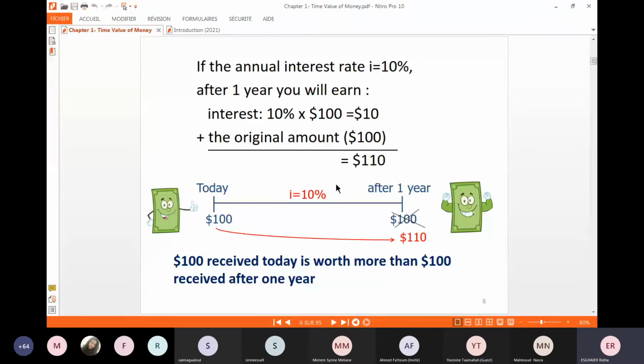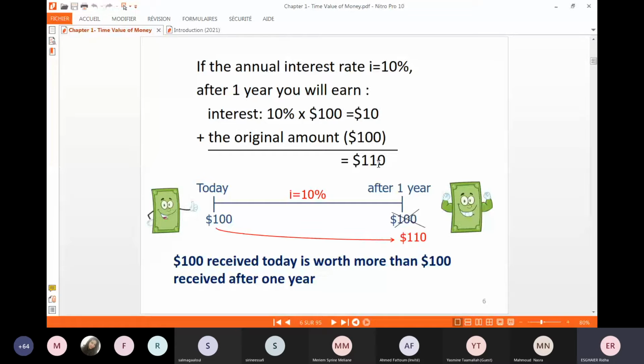So $100 invested today, 1 year from now, will be worth $110. According to this basic example, $100 received today is worth more than $100 received after 1 year. And this explains basically the utility of knowing and understanding the time value of money.